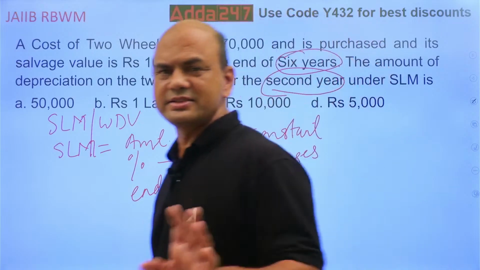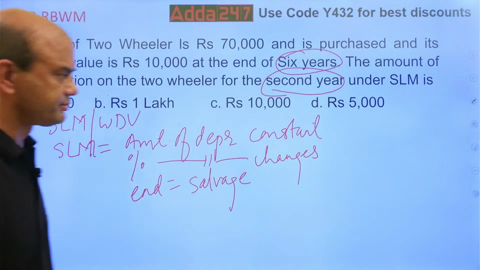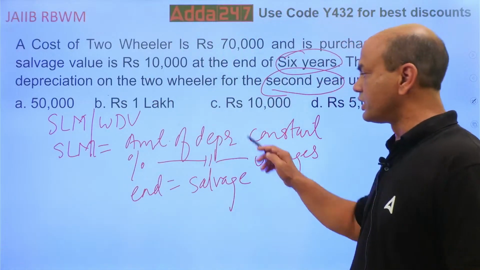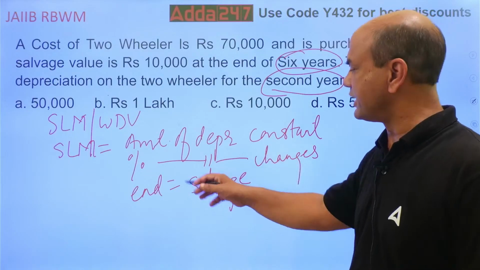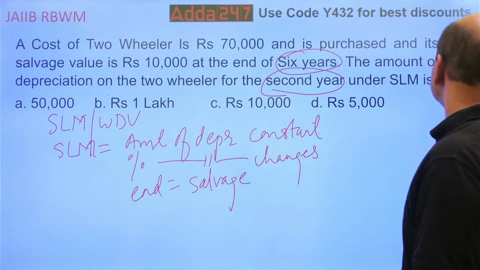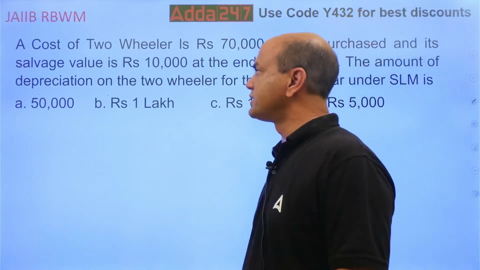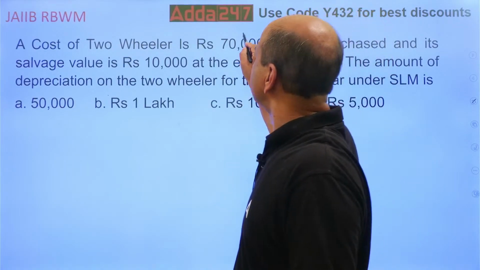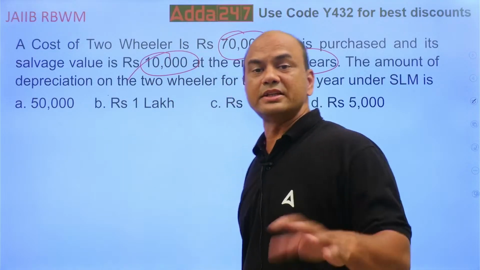So now let's solve. Straight line is very easy, similar to simple interest. Note down all these 3 points: amount of depreciation constant, percentage changes, and salvage value will be the end value. What is given? 6 years, 70,000 is the cost and 10,000 is the salvage value. So net how much has it depreciated?